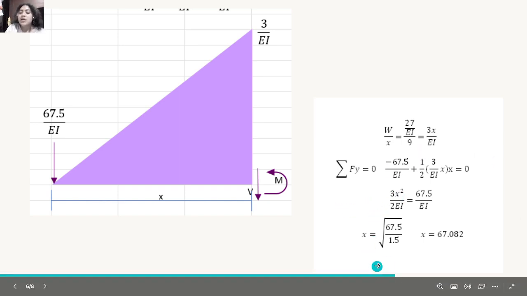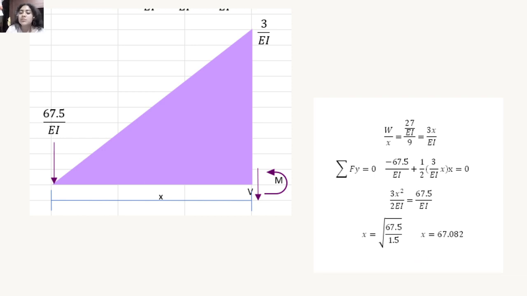3x squared divided by 2 in the middle, and then it equals 67.5 divided by the elastic modulus, and then to solve for x, I have a root in x.